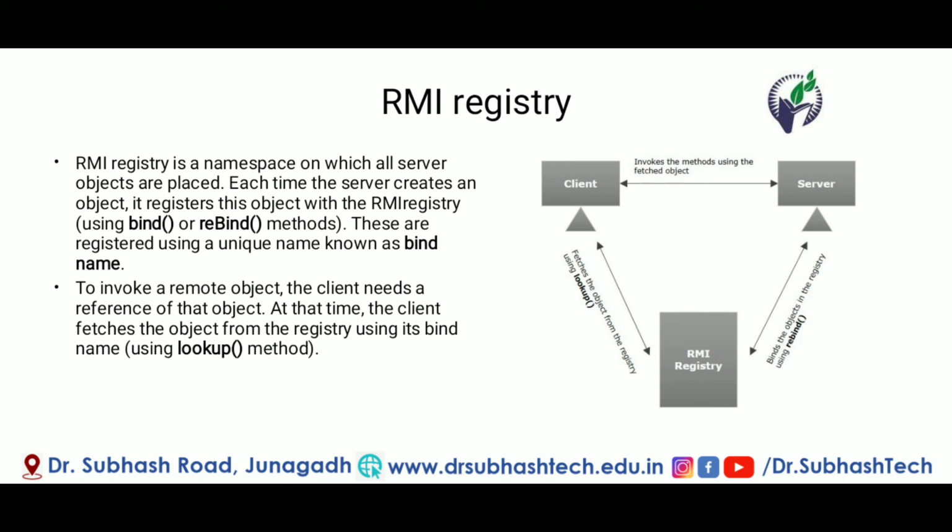In this figure you see that the client invokes the method using the fetched object. The basic task is this: whenever the server is ready to serve the requests which come from the client, it creates one object that is defined as the remote object, or we can say the skeleton.